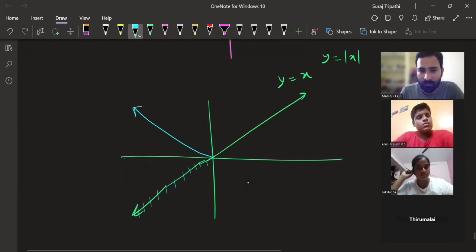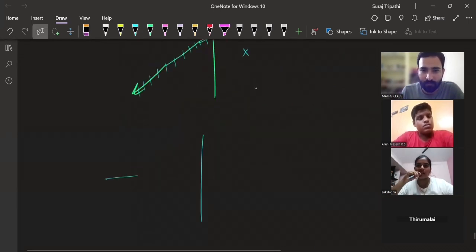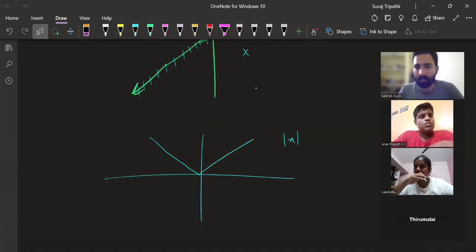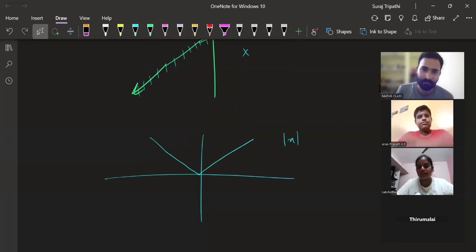On this side no graph is given below the x axis, so the graph will remain like this only. So overall, the graph of mod x will be like this. This is the graph of mod x. Arun, any doubt? Anyone? No, sir, I can understand.